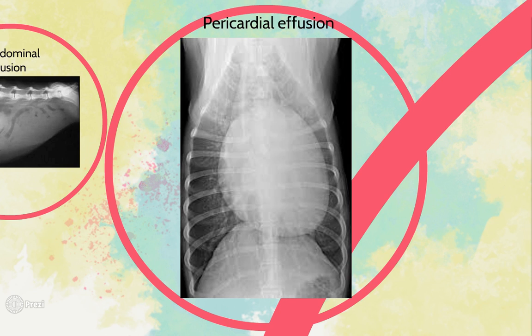It just suddenly comes on and then has to seek treatment for it. So generally the number one cause of pericardial effusion in dogs is cardiac neoplasia. The number one cardiac neoplasia in dogs is hemangiosarcoma. And secondary, it would just be idiopathic.